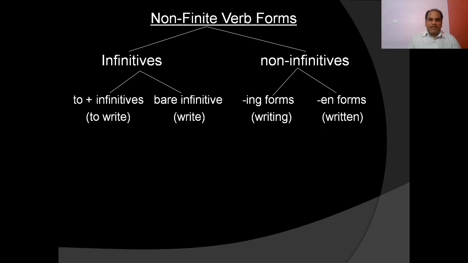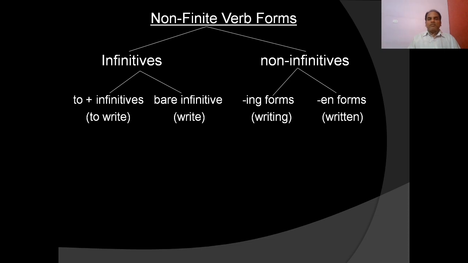So, dear friends, let us sum up the chapter. Non-finite verb forms are of two types, infinitives and non-infinitives. And infinitives are of two types, to-infinitives and bare infinitives. To-infinitives are like to write, to read, to play, to work, like this. A bare infinitive means a zero infinitive, a verb without to, for example, write.